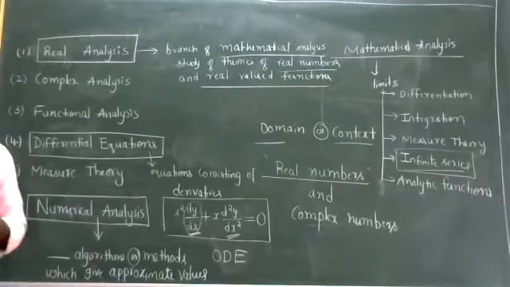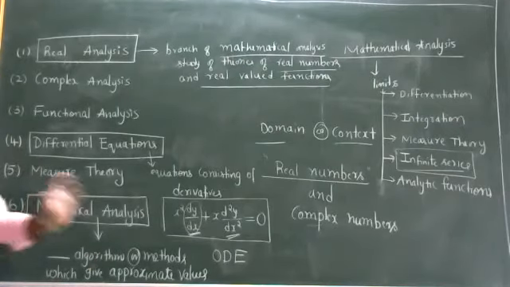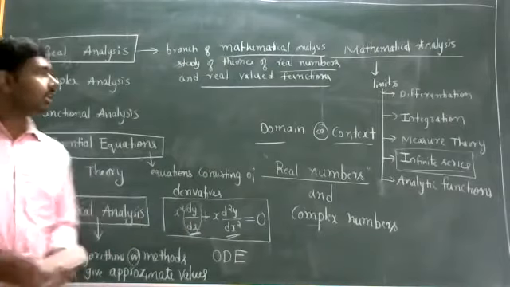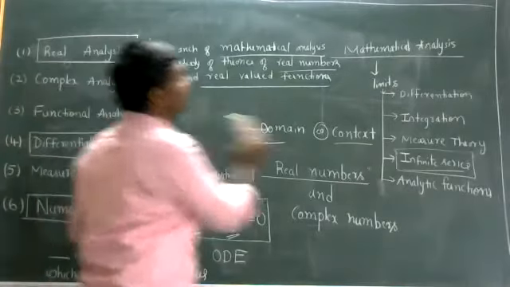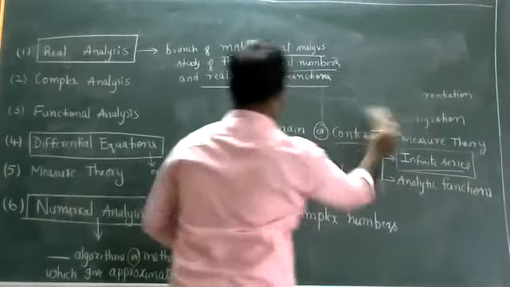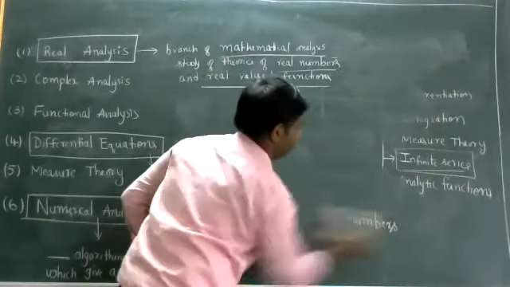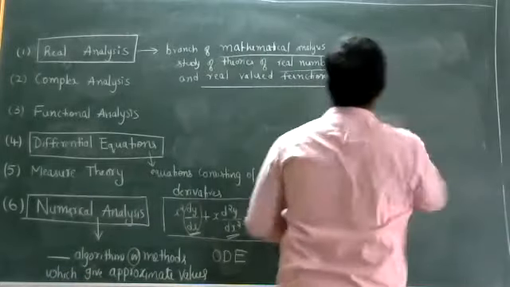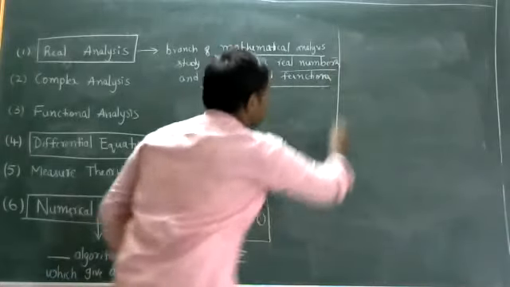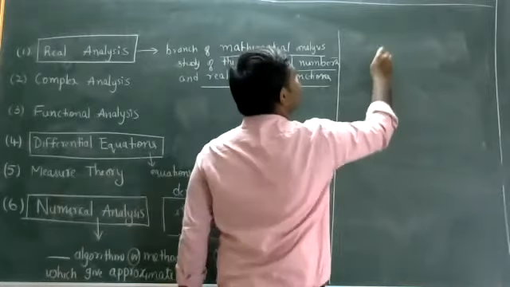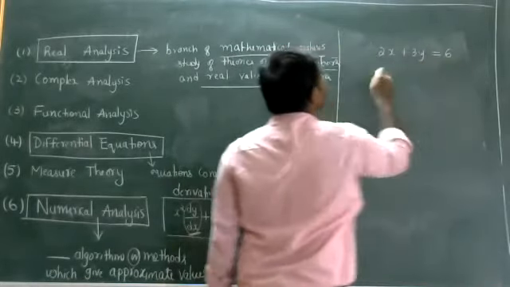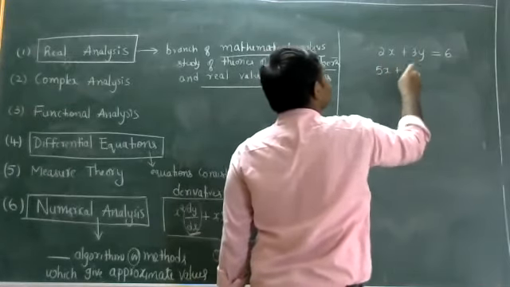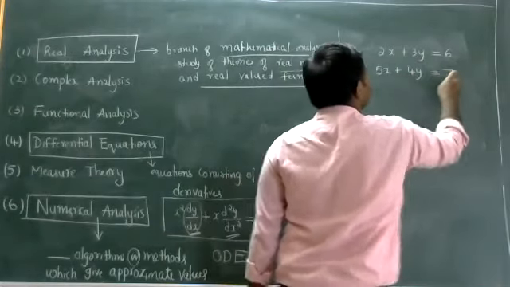to solve a system of linear equations, we have many direct methods. For example, suppose I have a system 2x plus 3y equals 6, 5x plus 4y equals 7.